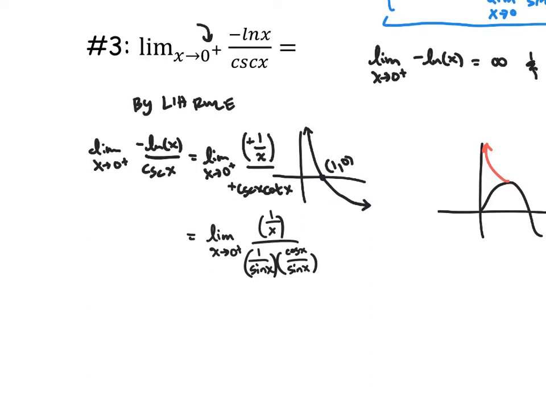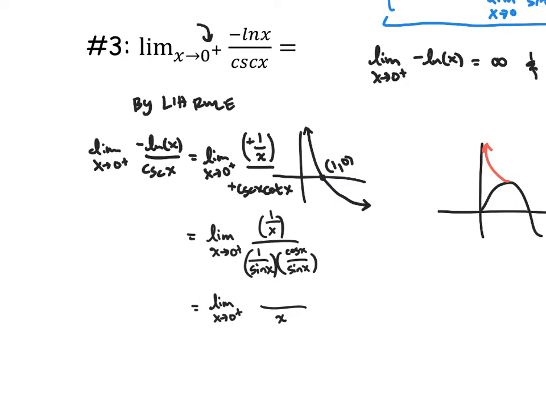Okay, so 1 over x, how can I manipulate that? Let's go with the limit as x approaches 0 from the right of, I'm going to take the reciprocal of the denominators, bring them to the numerator. Reciprocal of the numerator, bring it to the denominator.